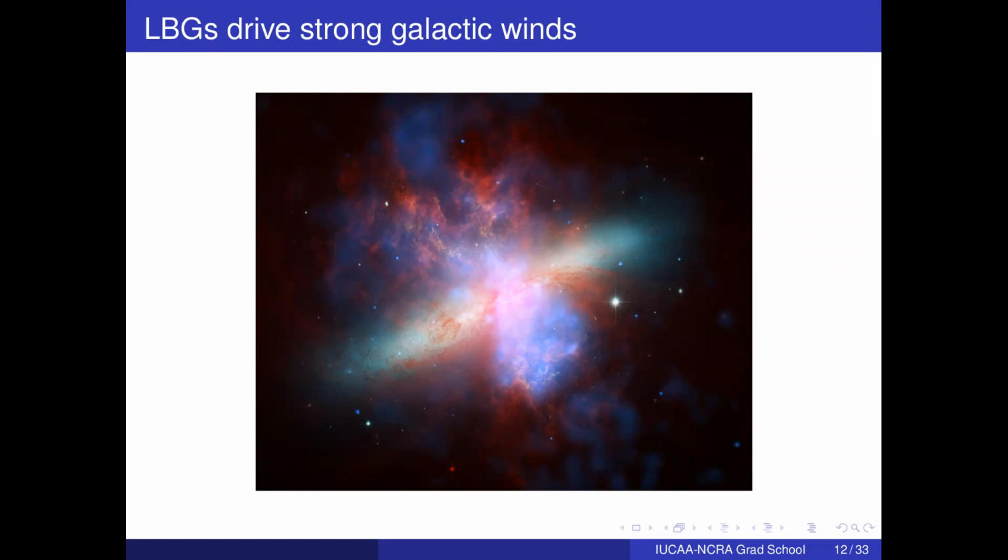They are a few times 10 raised to 11 up to 10 raised to 12. So for those galaxies, if you wanted to form all their stars within a gigayear, you would need 1,000 solar masses per year. But remember, star formation is not the only way to grow your stellar mass.